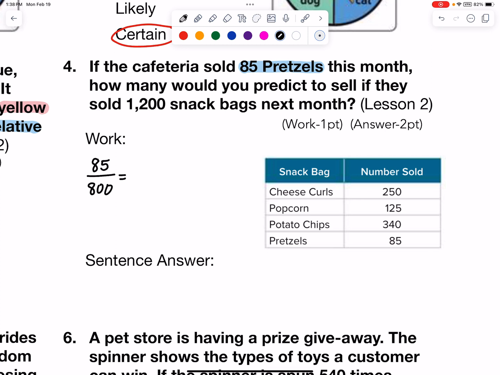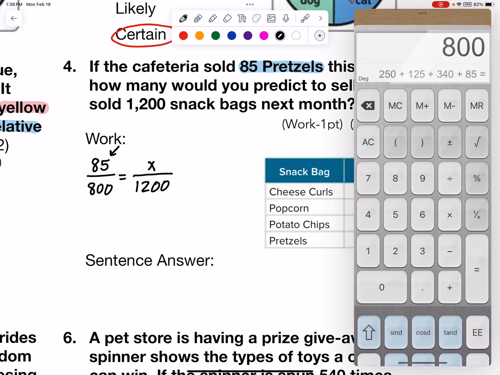And when we want to predict, we create a proportion because we want to predict, well, how many of those pretzels would there be if we sold 1,200 snack bags? So you can cross multiply or you can find the multiplier. Okay, I'm just going to find the multiplier. I wonder 800 times what gets 1,200. So we'll do 1,200 divided by 800.